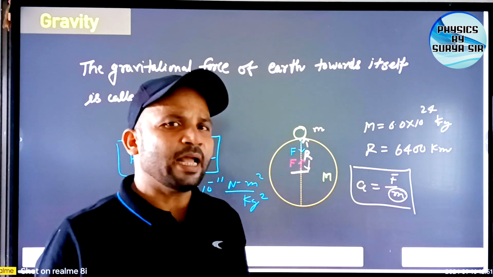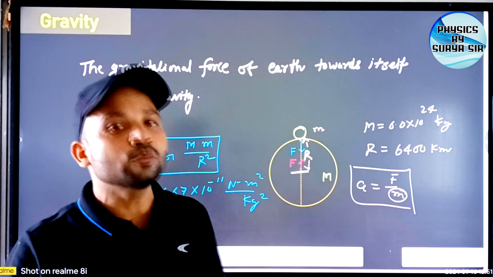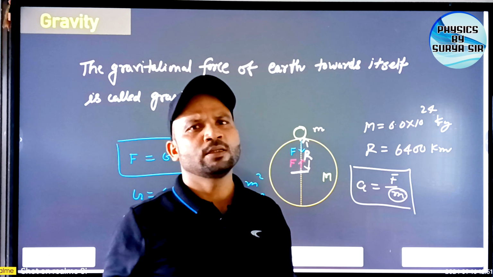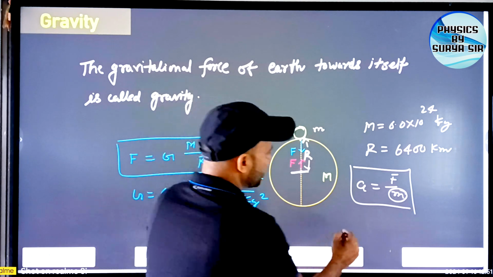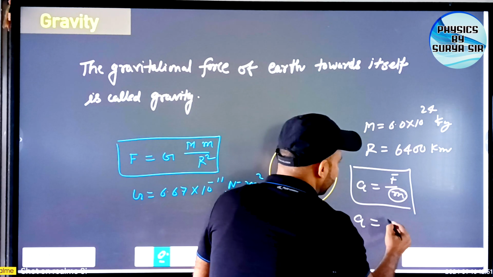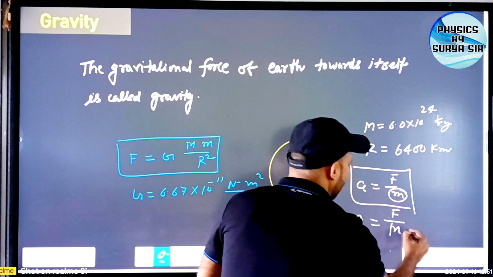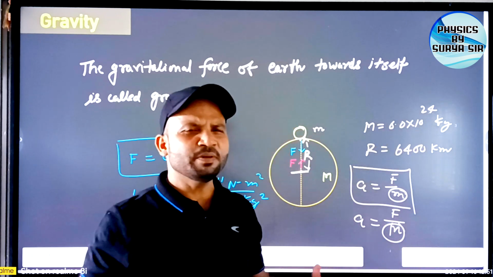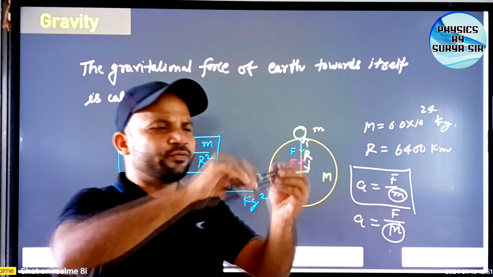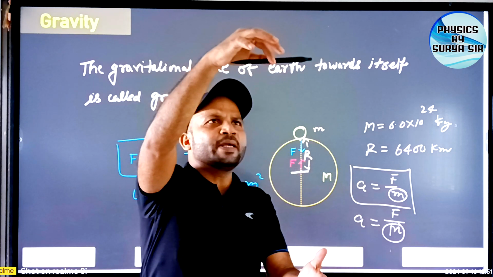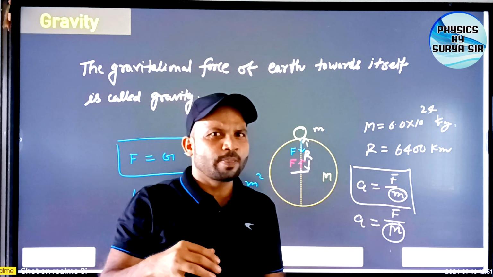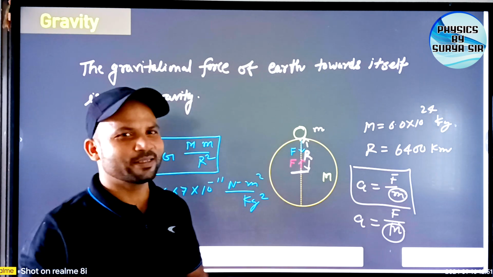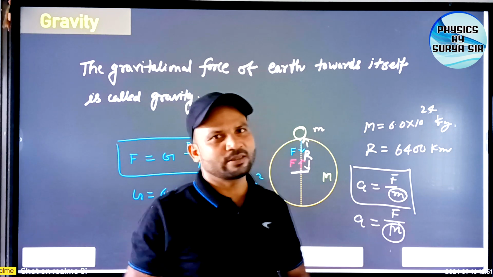This small mass starts accelerating due to the force, but the earth does not accelerate because it has a huge mass. Due to the huge mass, the acceleration of earth will be F upon capital M, and this capital M is of the order of 10 to the power 24, so it is negligible. That's why when we release any object, it falls towards the earth, but the earth is not moving upwards because its mass is very large.